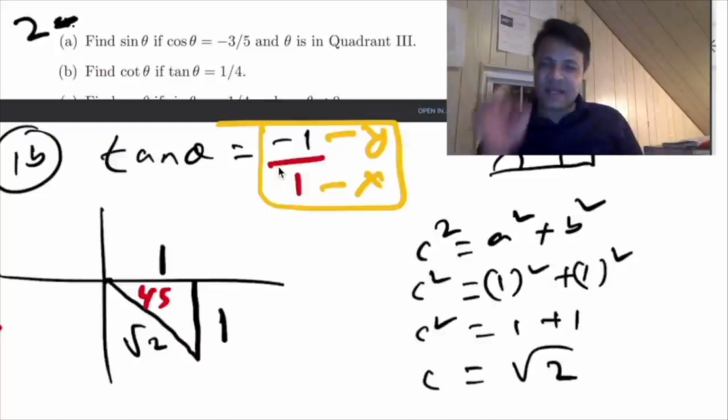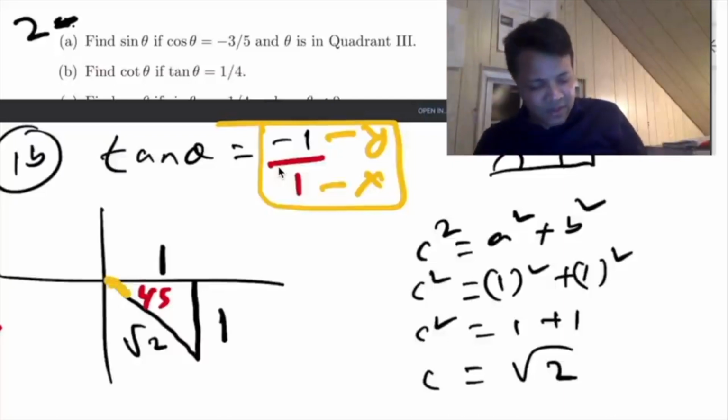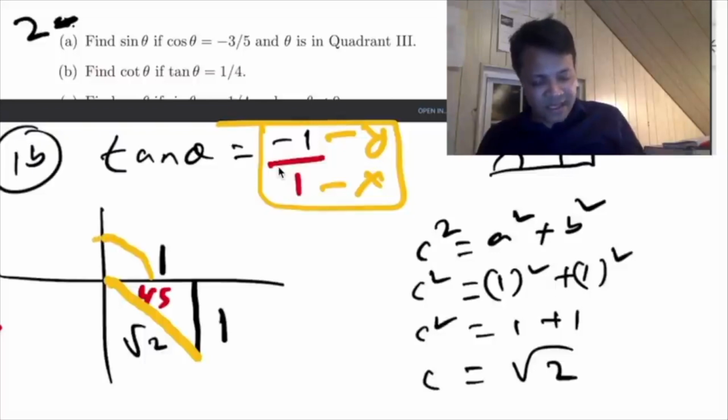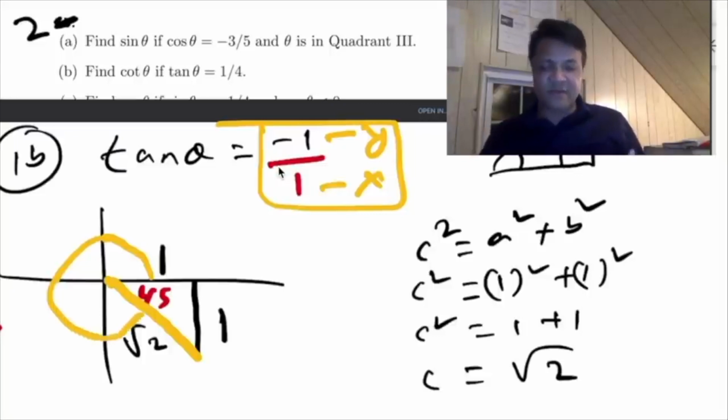I have to measure the angle from the x-axis counterclockwise, and I'm going to move until this yellow line. So I start measuring the angle counterclockwise: 90, 180, 270, and so on.